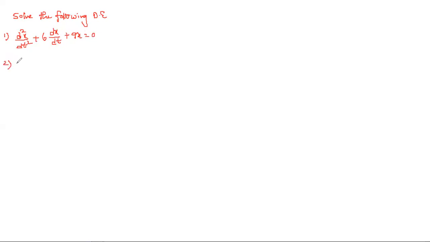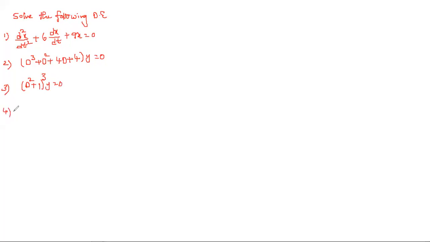Second one, d cube plus d square plus 4d plus 4 into y is equal to 0. And third one, d square plus 1 whole cube into y is equal to 0.